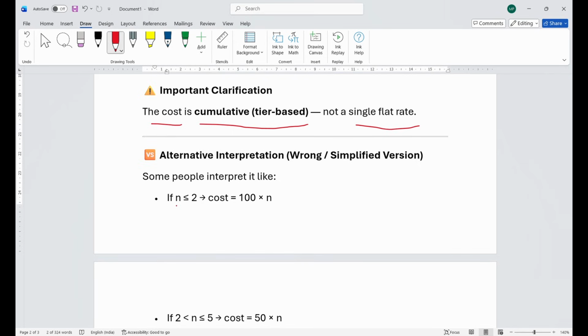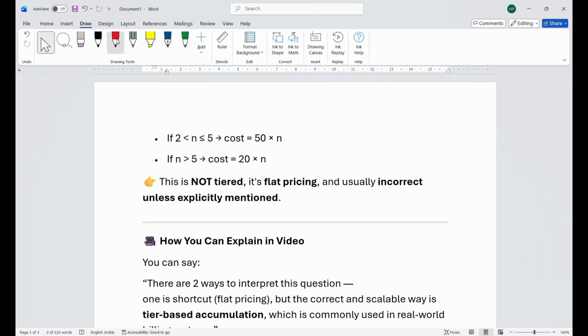When I interacted with some students, they had a misconception. If n is less than or equal to 2, we multiply 100 with n, that is 100 rupees per hour. That's fine, it will not affect your code or logic. But look at these conditions: when the number of hours is 2 to 5, they use 50 rupees up to n.